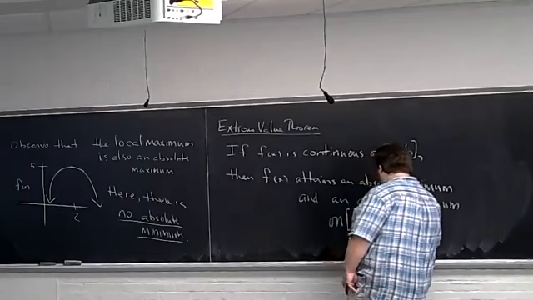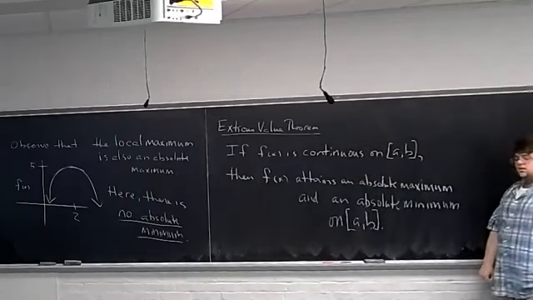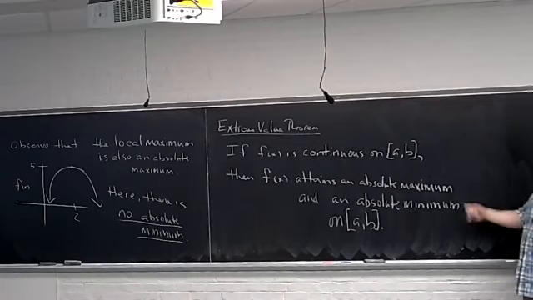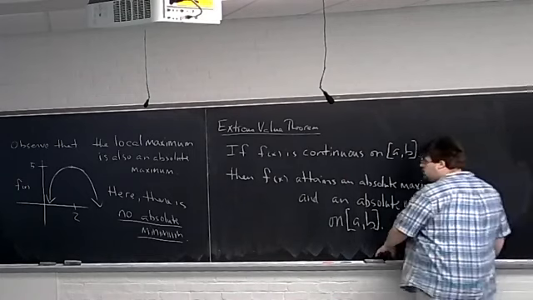So all we need is a function to be continuous on a closed interval a to b, and then the function will hit a largest value and it will hit a smallest value. Now, what could that look like?